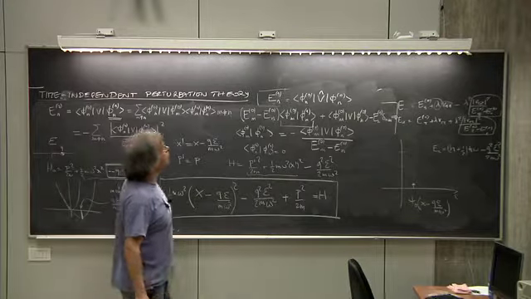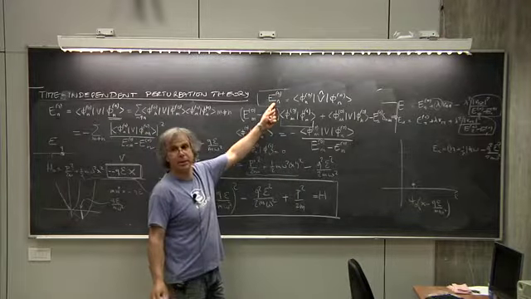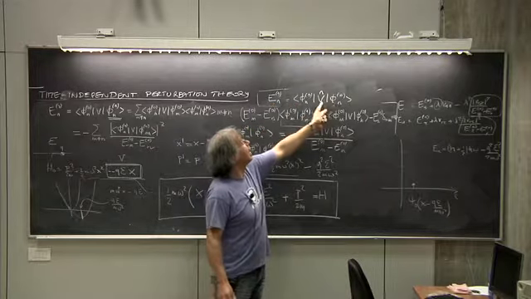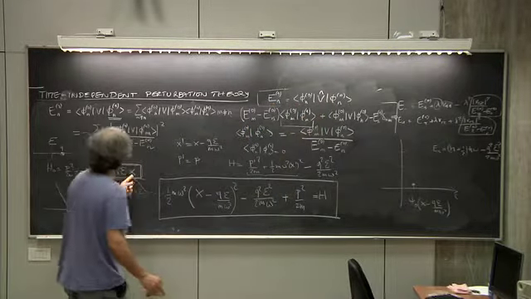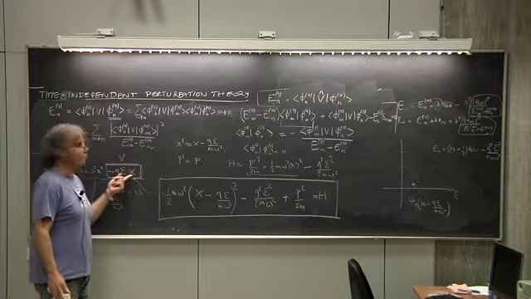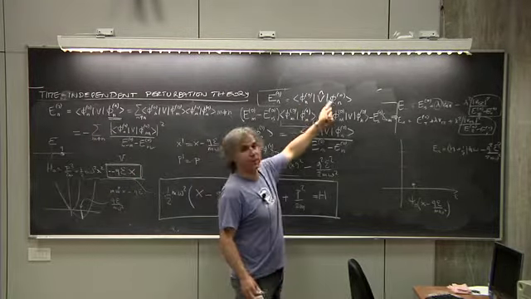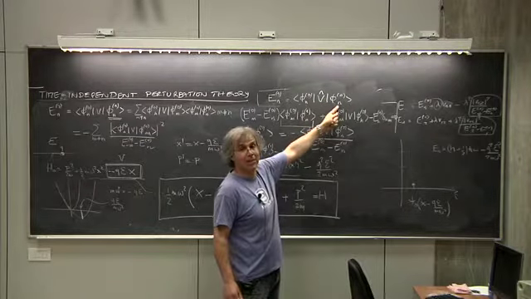For instance, if I want to know the shift to first order in the perturbation, I should calculate the value of x, the operator x, between two states of the unperturbed oscillator, n and n, the same.